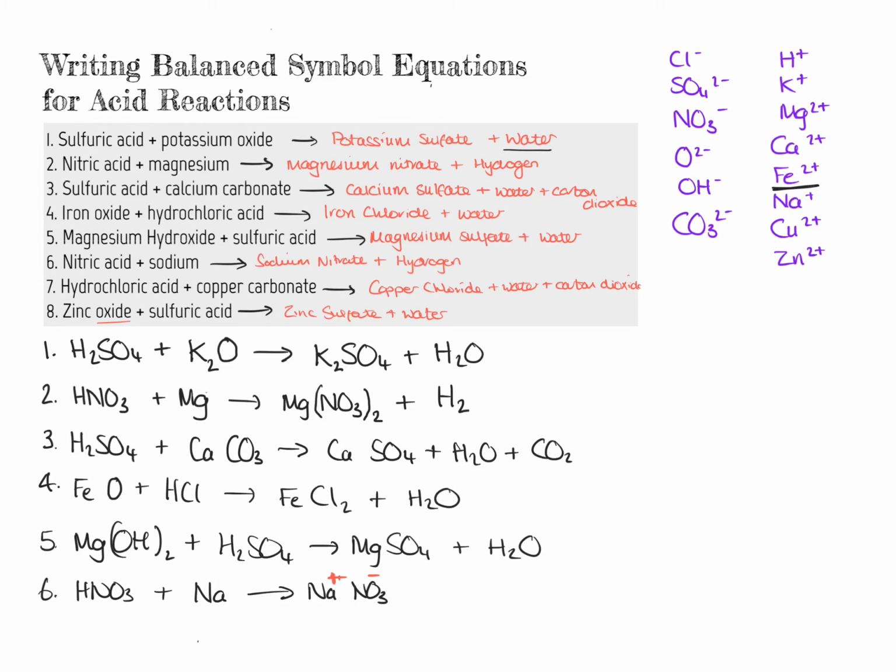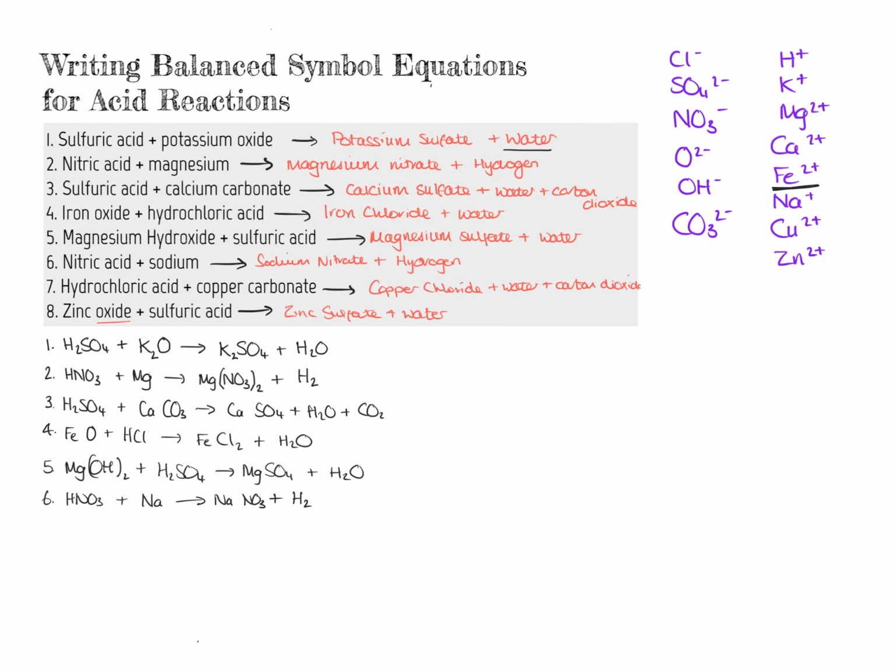So these 2 charges cancel each other out, so we don't need to do any changes to that, so we can get rid of these. Get rid of our working out. NaNO3 is sodium nitrate, plus hydrogen, H2. Okay, so there's our first 6. Make some more space and we'll do the last 2.